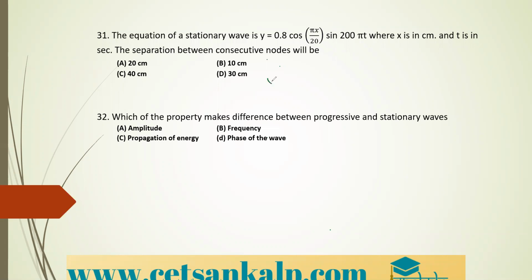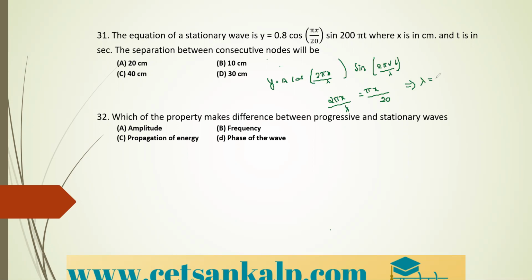The standard equation is y is equal to a cos 2 pi x by lambda sin 2 pi v t divided by lambda. Compare it with the given equation. Here 2 pi x by lambda is replaced by pi x divided by 20. So lambda is equal to 2 into 20, that is 40.